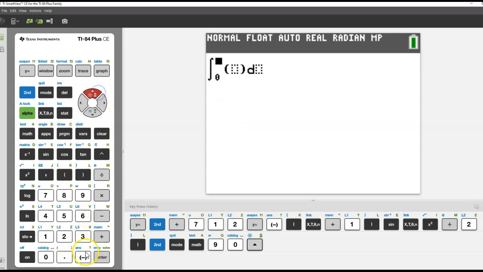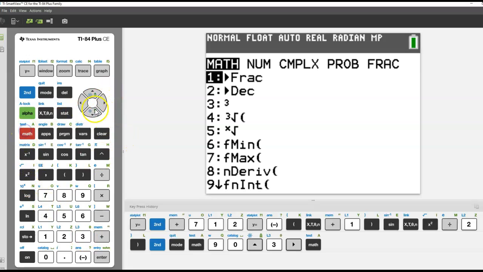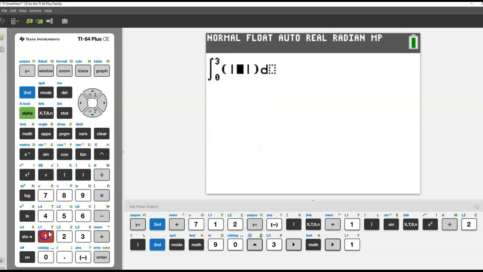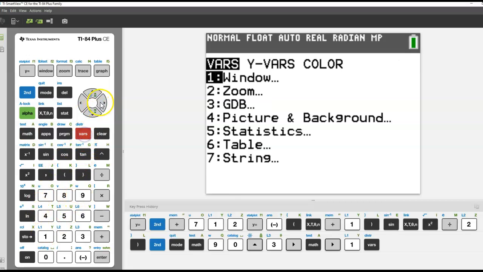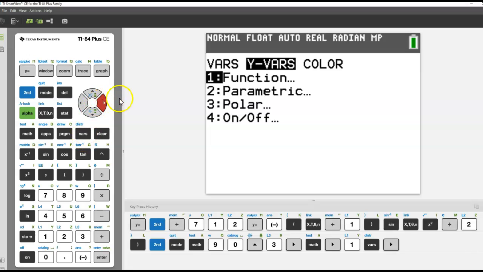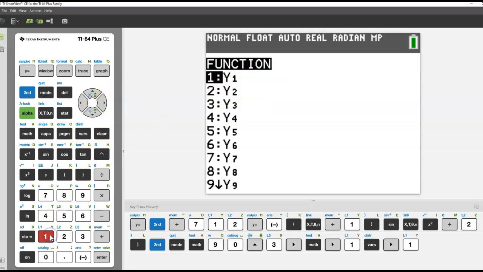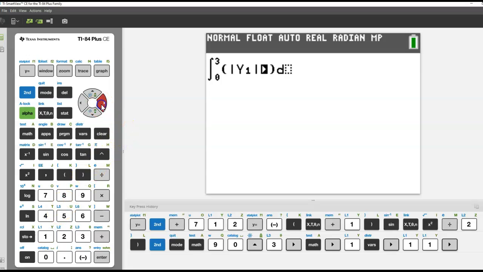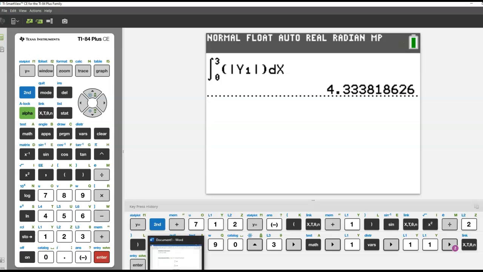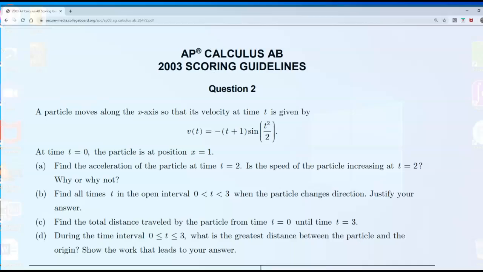We're going from 0 to 3, and we are going to be doing the absolute value of that. So it's going to be math, number, absolute value. Then we're going to put in y1 by pushing variables, scrolling over to y variables, function, and y1, the velocity function that we had, and then finally the x, enter. And so we end up with 4.333, 4.334 if you're rounding to the thousandths place. And that would be the distance traveled by that particle.